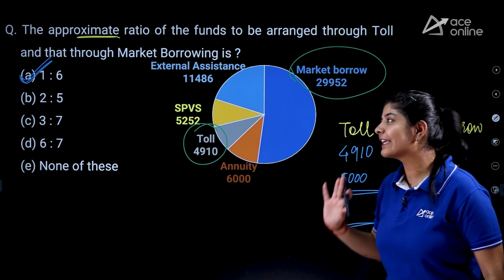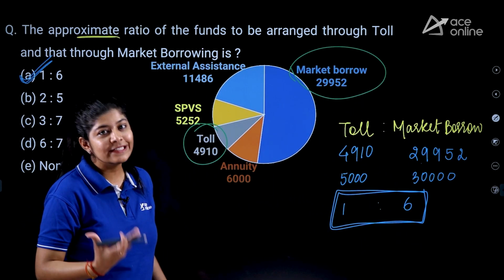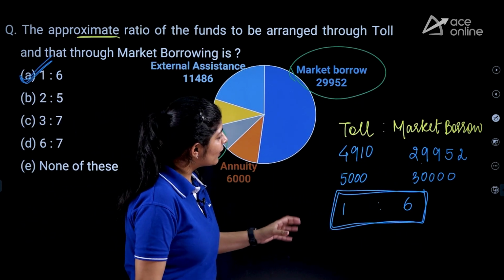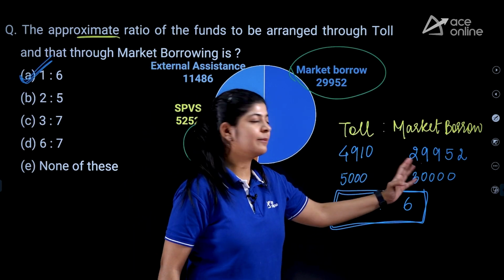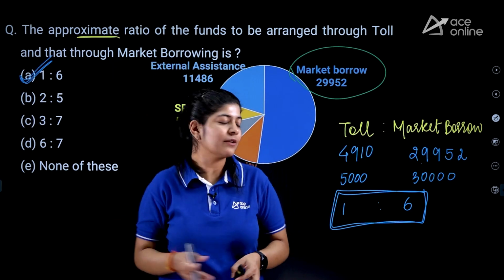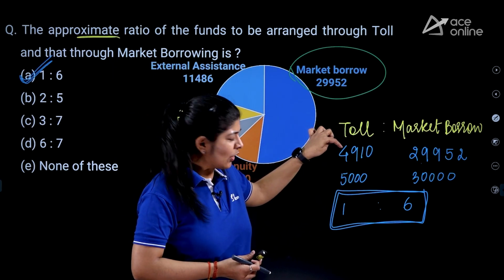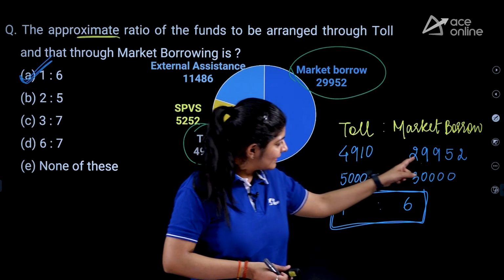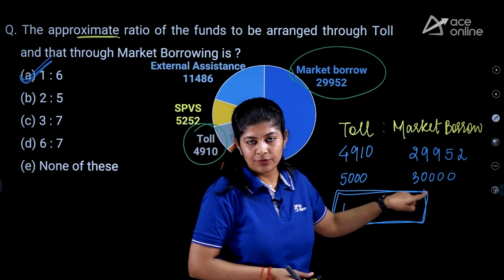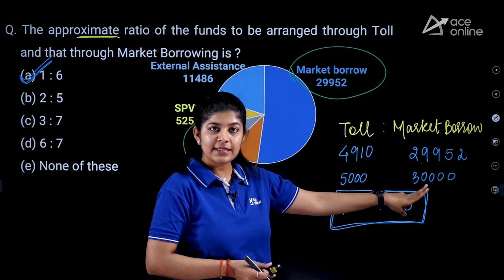Whenever the question says we have to do the approximate calculation, it is quite easy to calculate the numbers, because reducing these types of numbers takes time. But for the approximate calculation, I just convert this value to near 5,000, or you can also take 4,900, and this value can be written as 30,000. I know that 30,000 is six times 5,000.